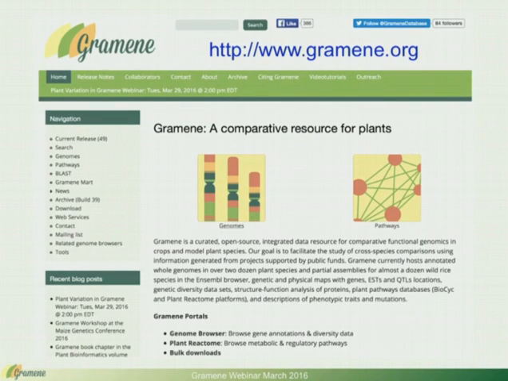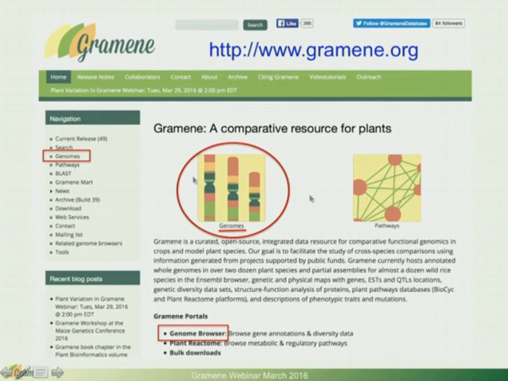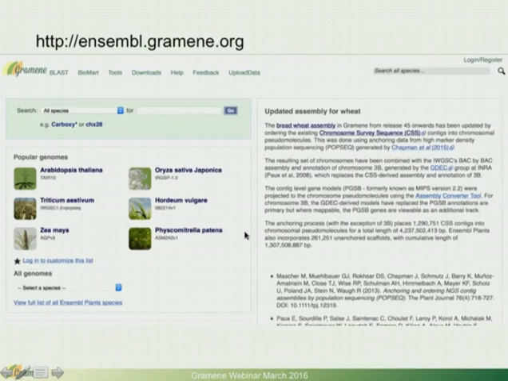So this is the homepage of the Gramene website, and to go directly to the variation, you will need to click on any of these options: the Genomes link on the left navigation bar, the Genome Browser at the bottom, a link to the portal, or either the icon or the name for Genomes.